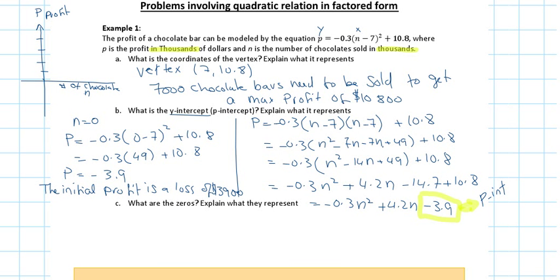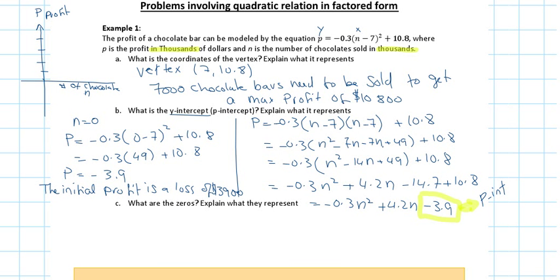Which form do you want it to be in to find the zeros? Factored, right? So you have three forms. Vertex form, you can find the vertex. Standard form, you can find the y-intercept. To find the zeros or the x-intercept, it has to be in factored form. Okay? So, factored form, I have to start from the standard form to be able to find the factored form.